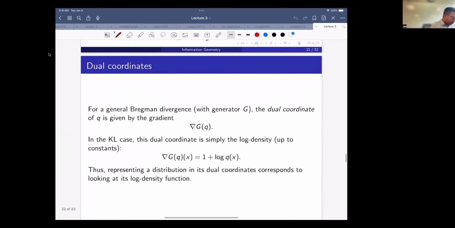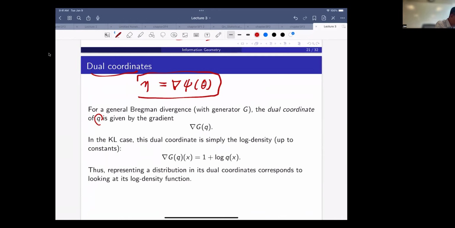So dual coordinate. Remember psi of theta.